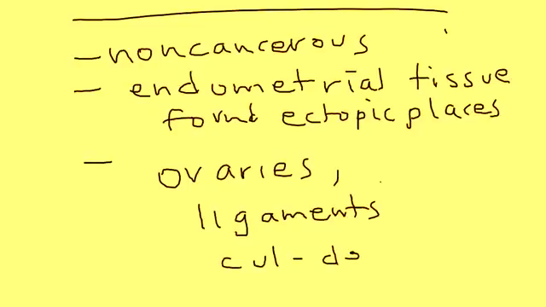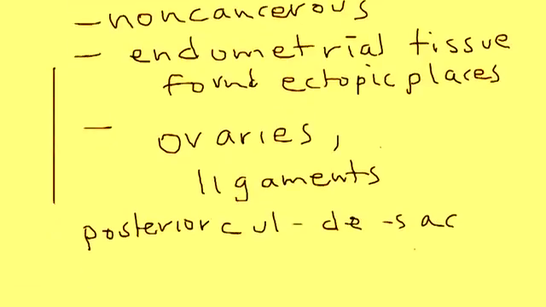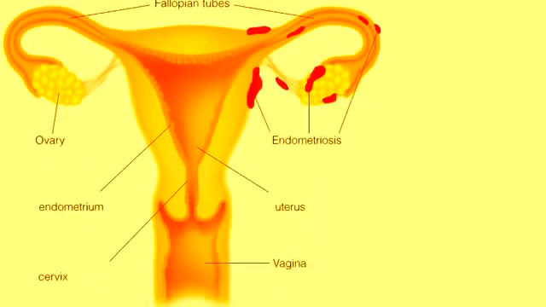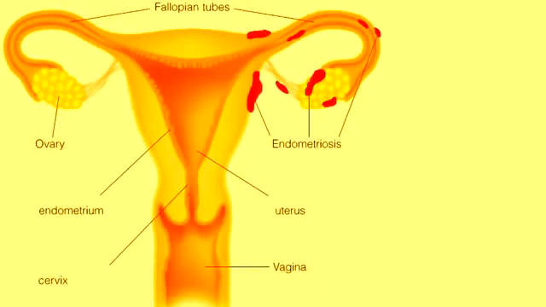There's a long list of places, and I think it's good to get a visual picture of what exactly is happening before we get into this whole talk. So let's show you a little picture here. We all know what this is. This is a nice diagram of the female reproductive organs, and the area I want you to look at is this area right here.